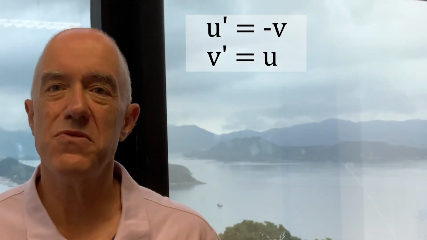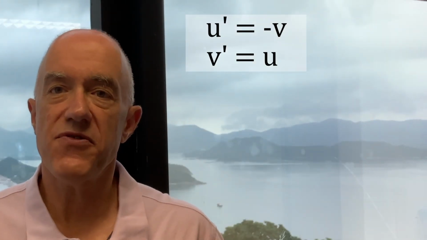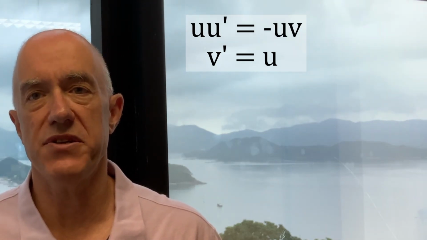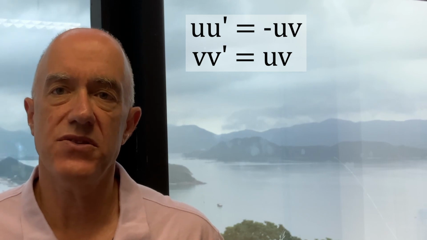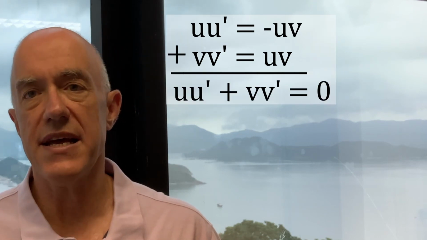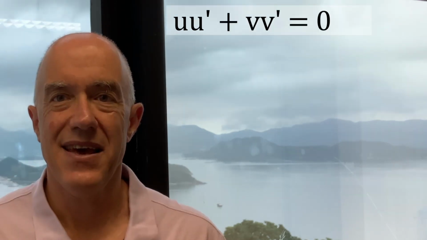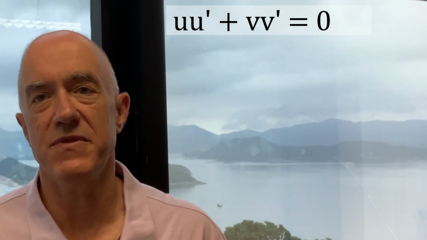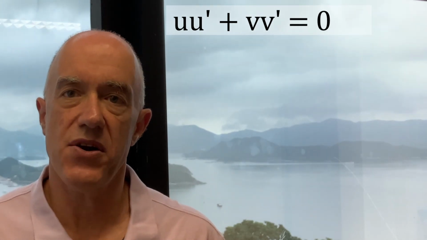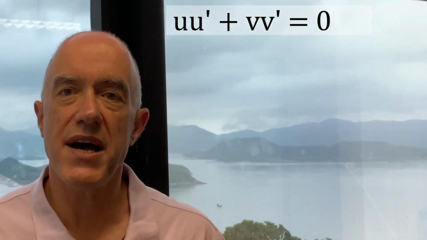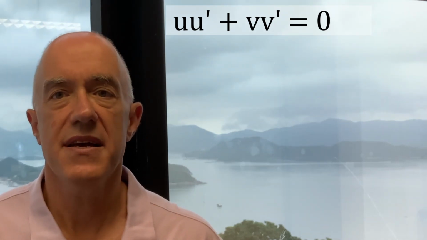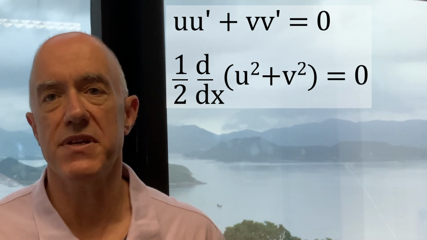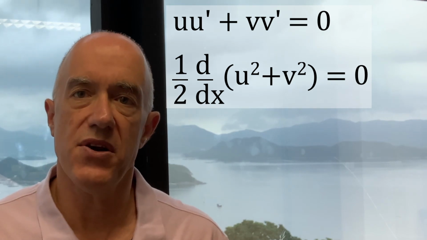We can do a little bit of analysis. If we multiply the first equation by u and the second equation by v and add these two equations, the right-hand sides cancel. We then get u times u prime plus v times v prime equals 0. And using the product rule from calculus, this becomes 1/2 d/dx of u squared plus v squared equals 0.